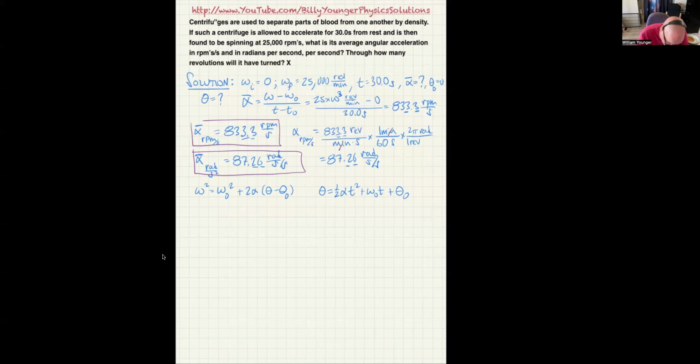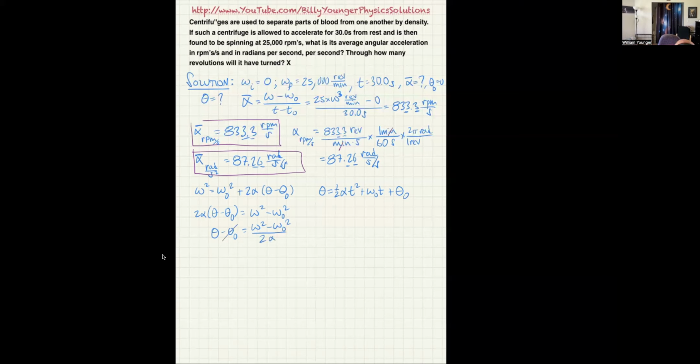So let's just go ahead and do it using the omega squared equation. So what I'm going to do is I'm going to say 2 alpha (theta minus theta 0) is equal to omega squared minus omega 0 squared. And now I'll also say that theta minus theta 0 is actually equal to omega squared minus omega 0 squared over 2 times alpha.